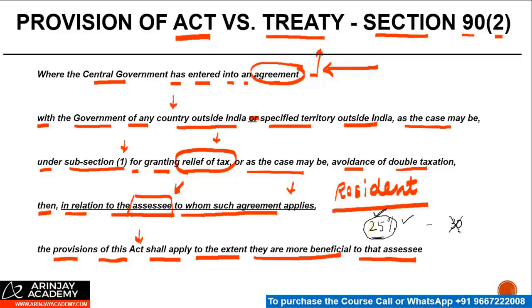But if instead of 30, the withholding tax under the Act was 10%, then the provisions of the Act are more beneficial, right? So the provisions of the Act shall apply to the extent they are more beneficial to the assessee. The thumb rule is, if you deal between the Act and the treaty, whichever is more beneficial, that is what shall apply to the assessee.